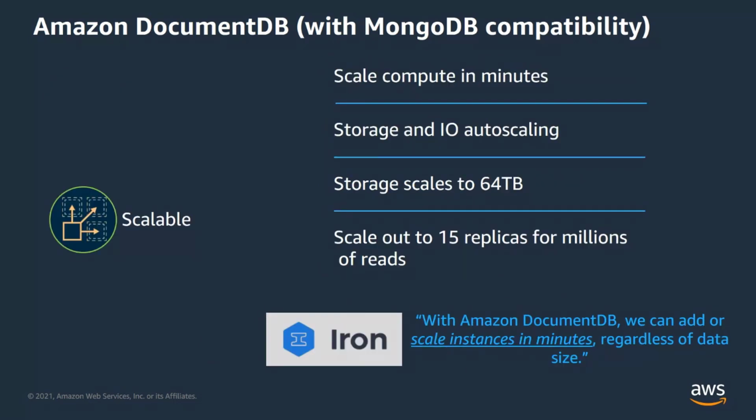In terms of scalability, DocumentDB was designed in the cloud for the cloud, so scalability is a key part of the design principles there. You can scale up and scale out in minutes just by making a couple of API calls or using our console. The storage, which I mentioned on the previous slide as being durable by default, also scales automatically.